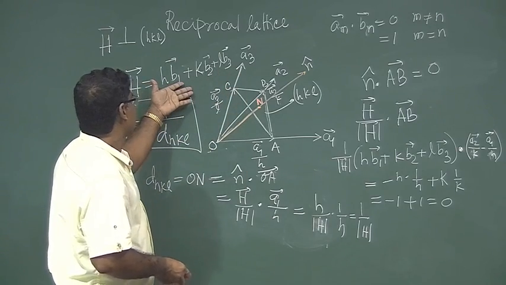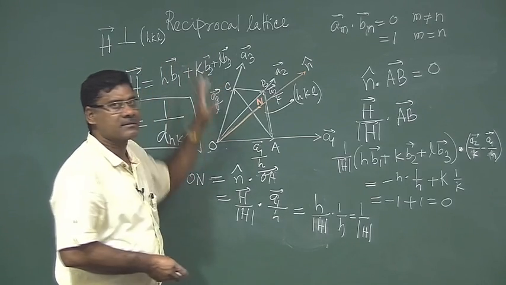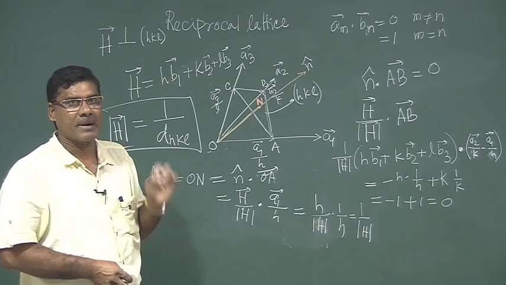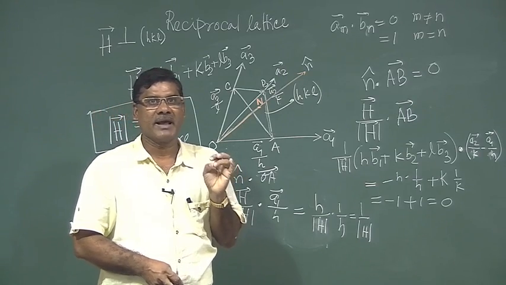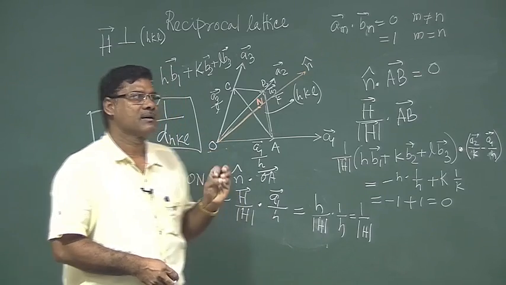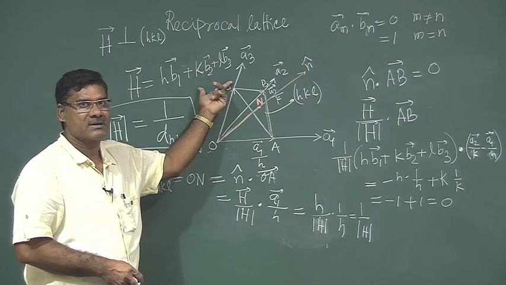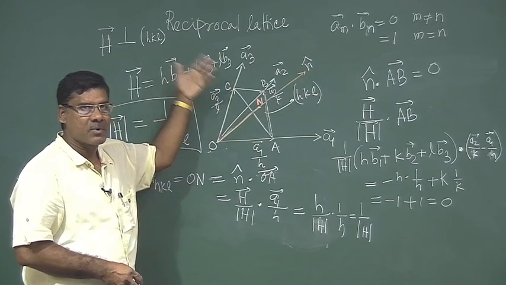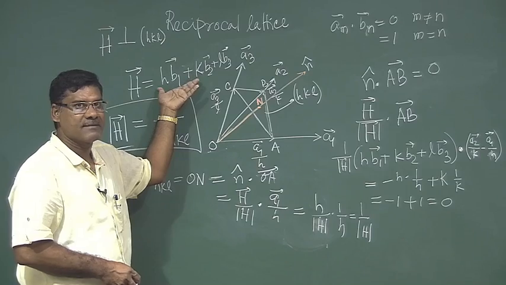And this vector is perpendicular to the plane HKL. The magnitude of this vector is the inverse reciprocal of the HKL planar spacing.